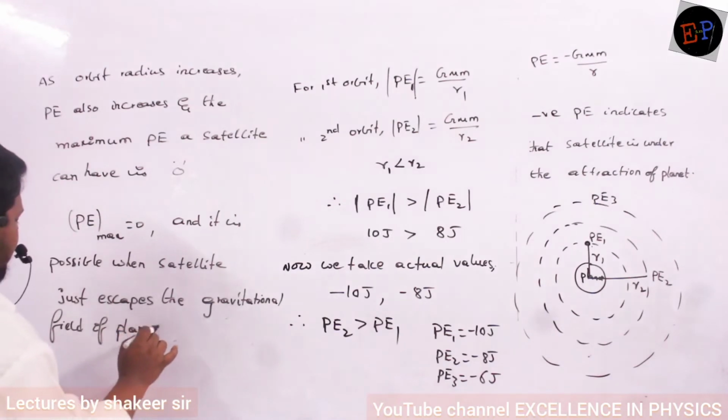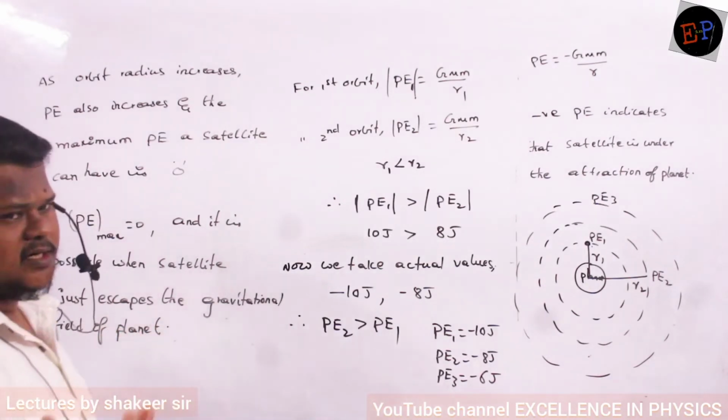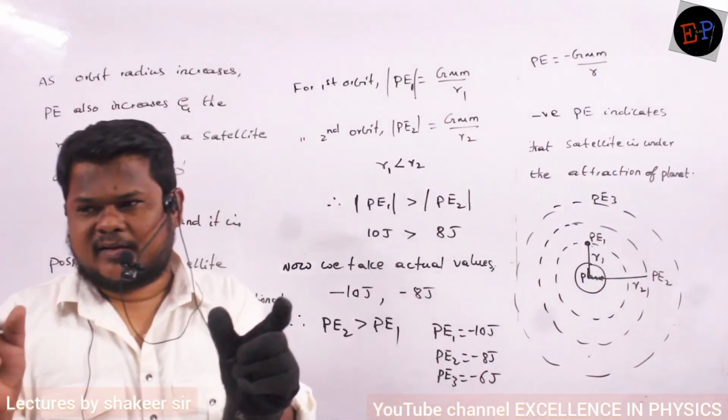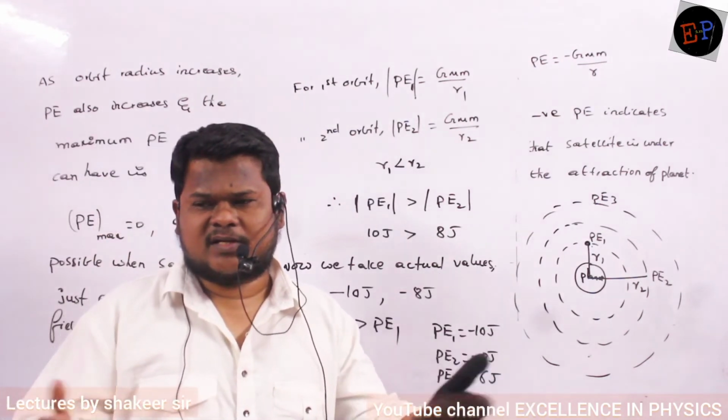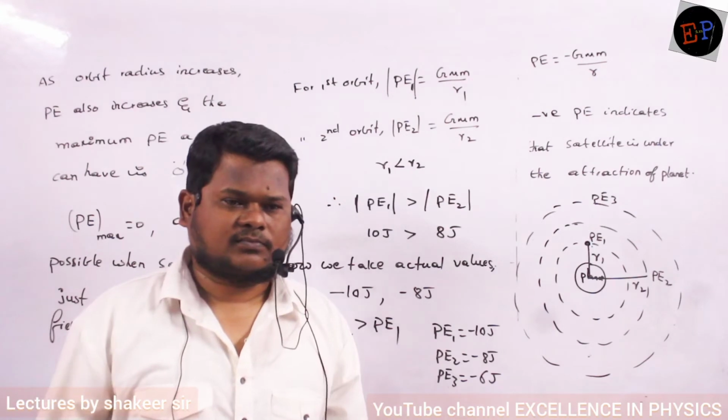Understood? It means now there is no force of attraction between them. In between the planet and the satellite, there is no force of attraction. If there is no force of attraction, potential energy is 0.